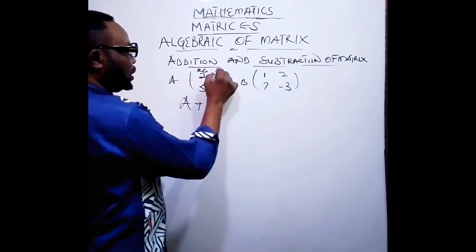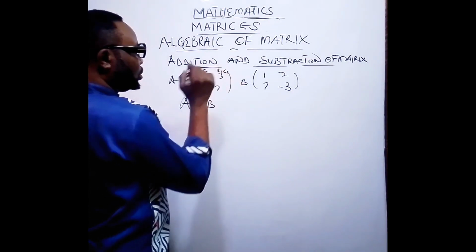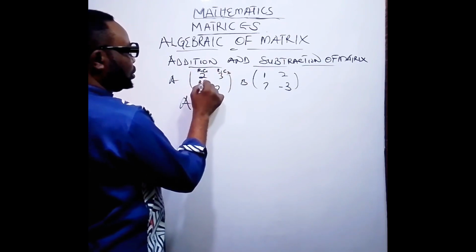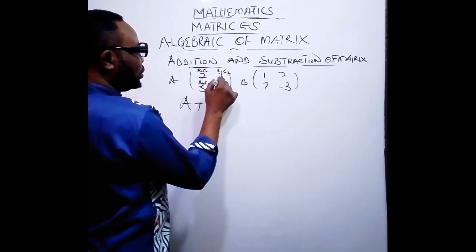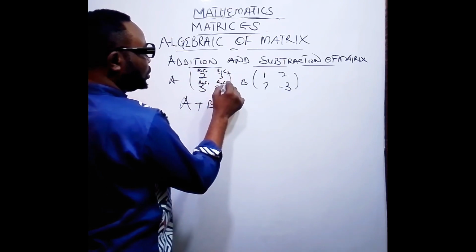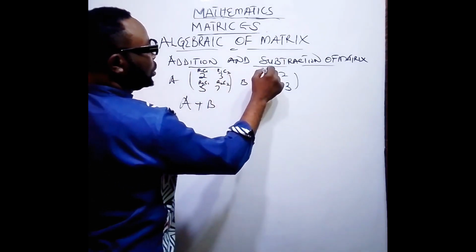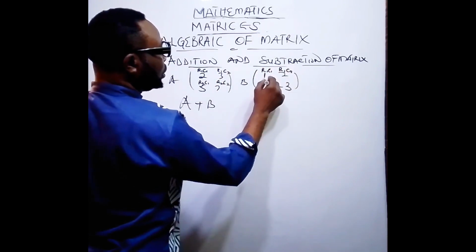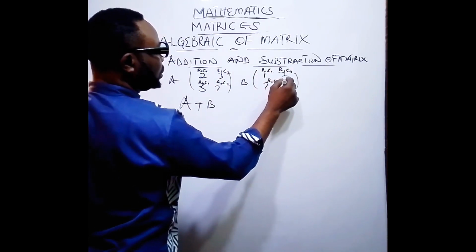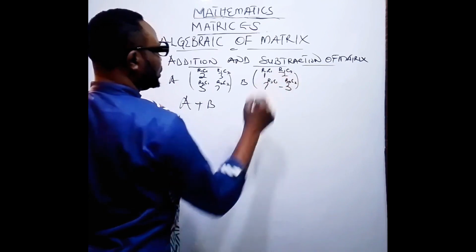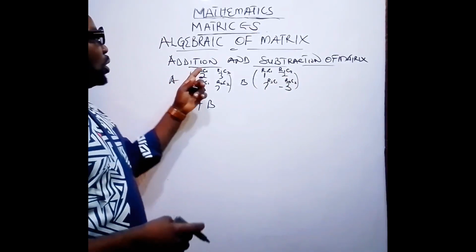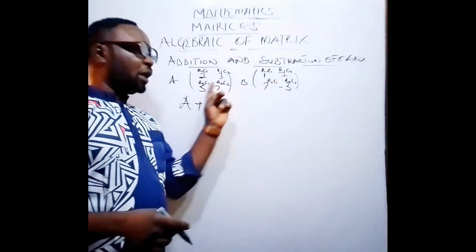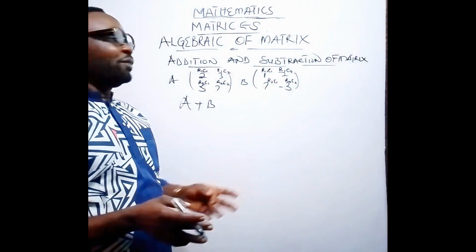This is row 1, column 1; row 1, column 2; row 2, column 1; row 2, column 2. Row 1, column 1 here with row 1, column 1 there; row 2, column 2, go through in that order till you add everything together.